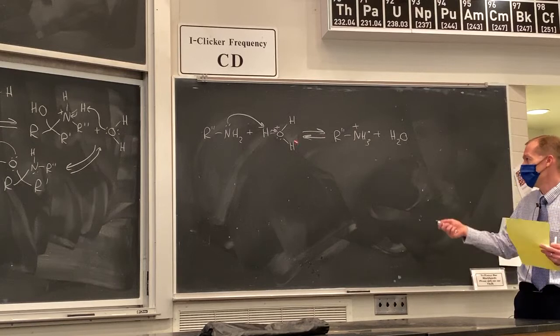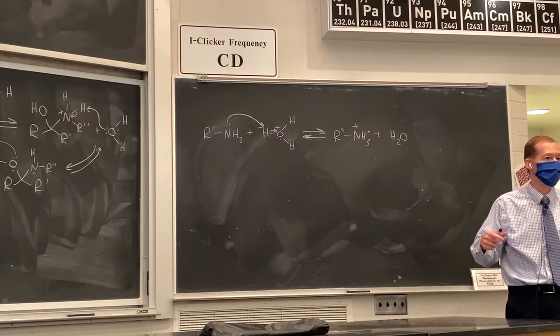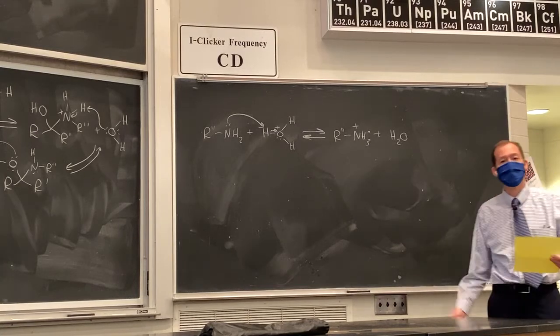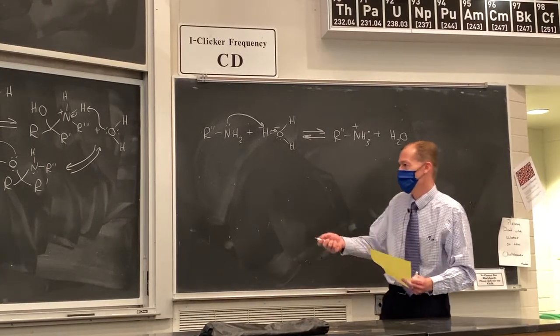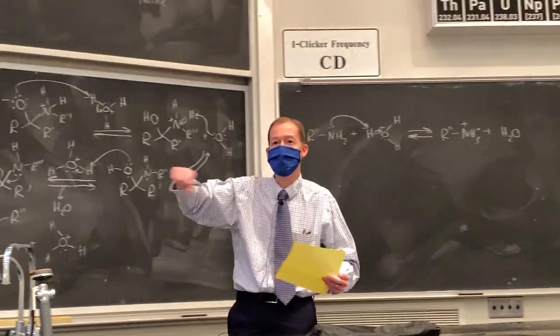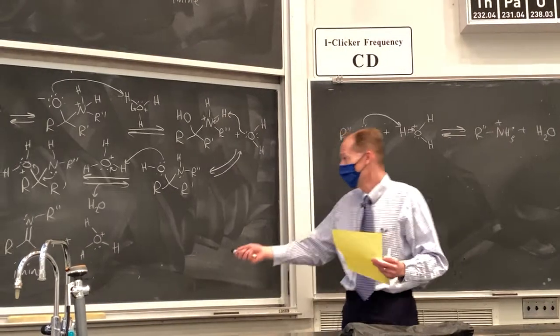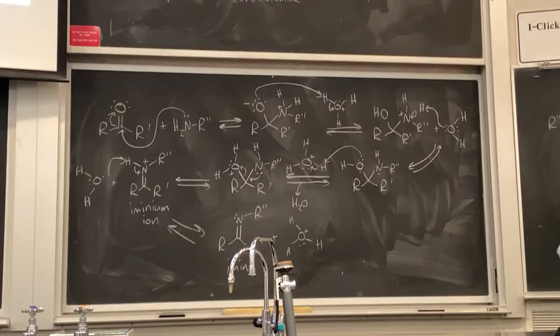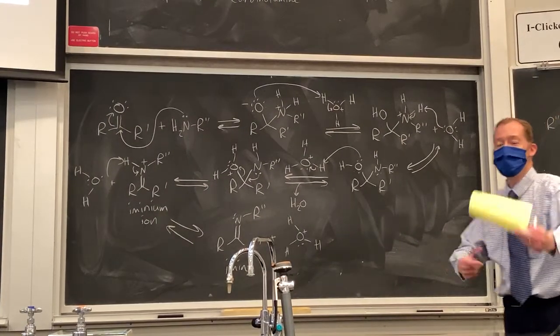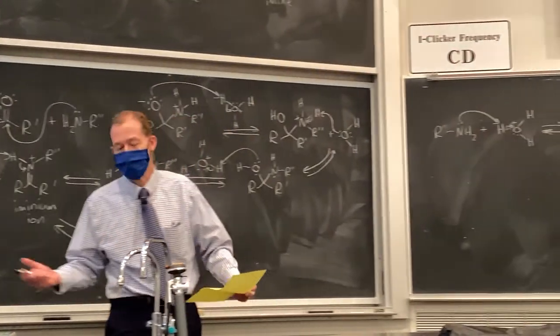But if we limit the amount of acid, we have a smaller amount of our ammonium ion present and a larger amount of our primary amine, and we're able to form the imine. So we're kind of walking a tightrope. We have a fine balance between having enough acid present to allow the reaction to proceed, but not too much acid that would protonate the primary amine and shut the reaction down.